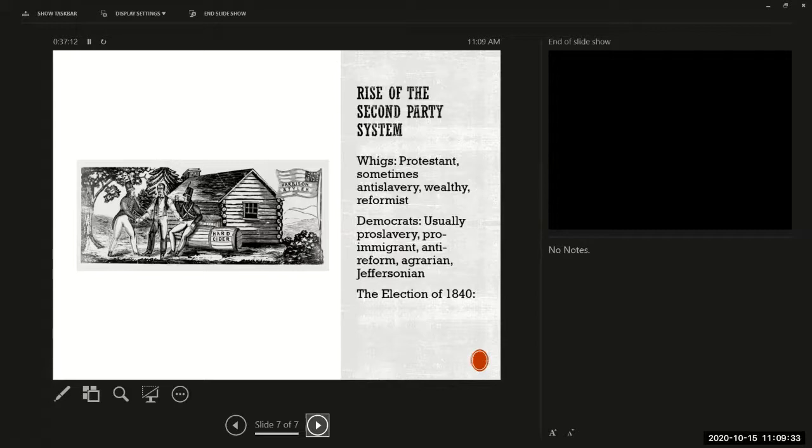The Whigs were Protestant. A lot of the Whigs were anti-slavery. So what this means is they contended for the equality of people across racial lines, but they tended to be really xenophobic. They did not like immigrants. They especially didn't like Catholic immigrants.